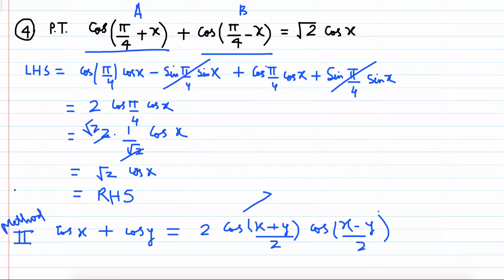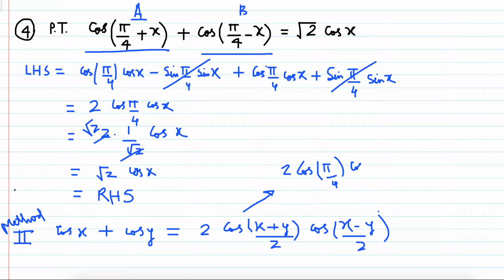So with this formula we would get 2 cos pi by 4, because (x plus y) by 2 is pi by 4, and then (x minus y) by 2. In x minus y, the pi by 4 terms will get cancelled, and we will get 2x, divided by 2 is x.